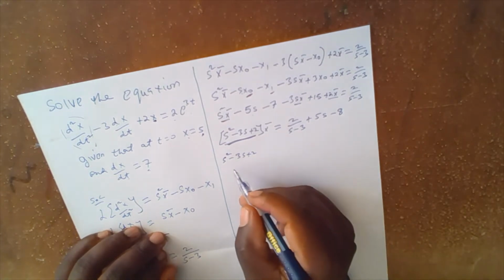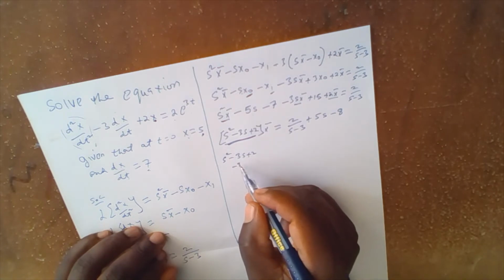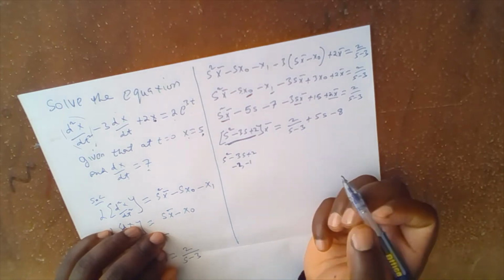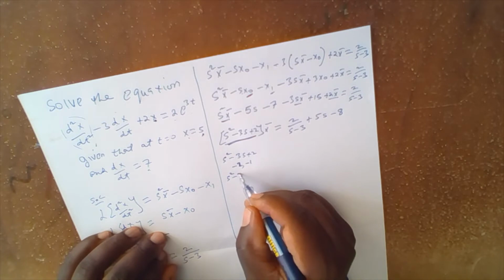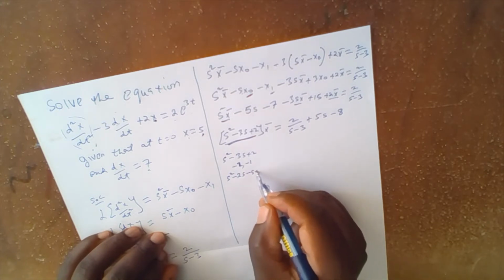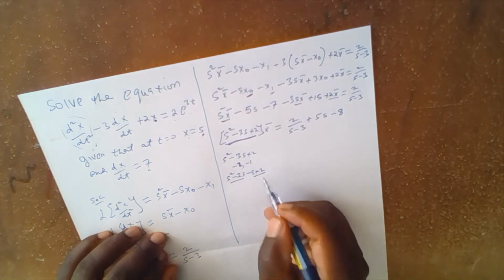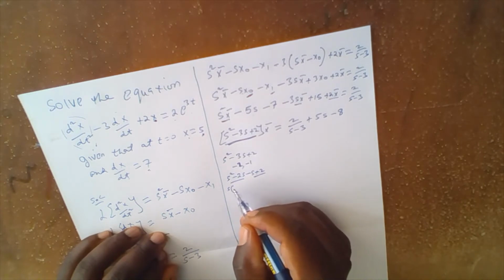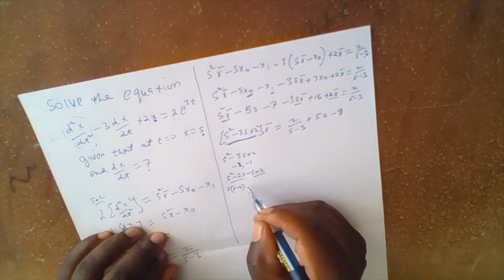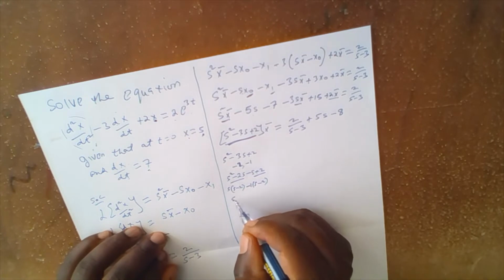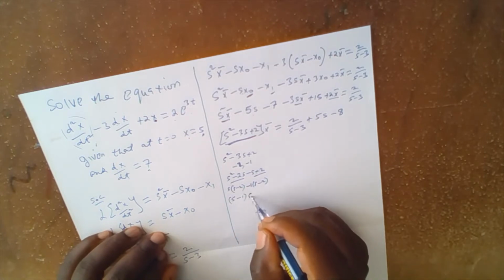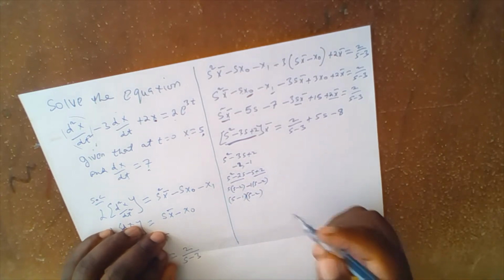So the numbers are negative 2 and negative 1. Therefore, this is s² minus 2s minus s plus 2. So we factorize: s into s minus 2, then minus 1 into s minus 2. So we have s minus 1 and s minus 2.